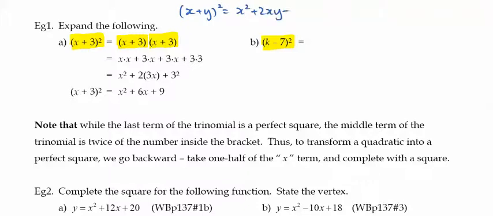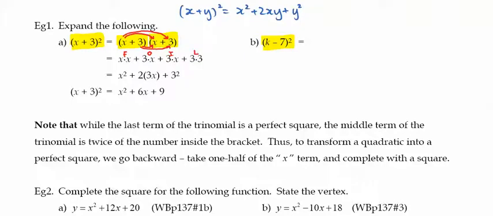But let's just assume that everyone needs some kind of review, and we are just going to expand this perfect square by FOIL. So what you would do is multiply this by that for the first, and then the outside, so that will give us 3 times x, or x times 3, and then for the inside 3 times x, and finally the last terms of the two brackets.